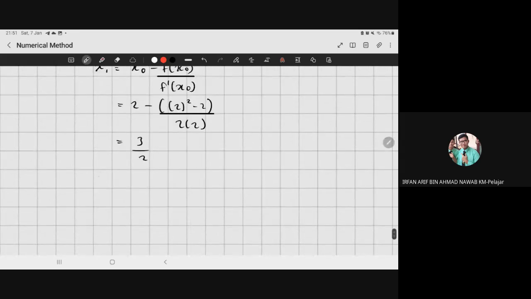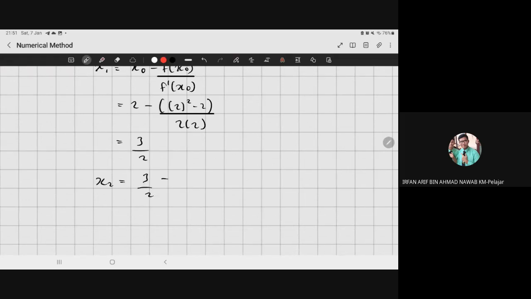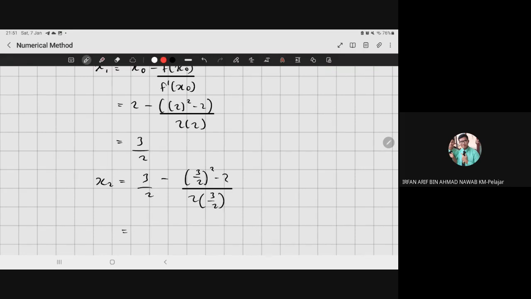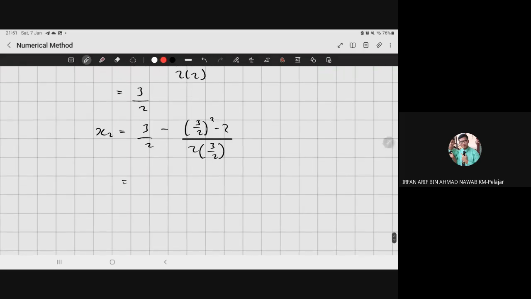And then continue on, x sub 2 is 3 over 2 minus ((3 over 2) squared minus 2) divided by 2 times 3 over 2. And then what you should get is 17 over 12, or approximately 1.4167.